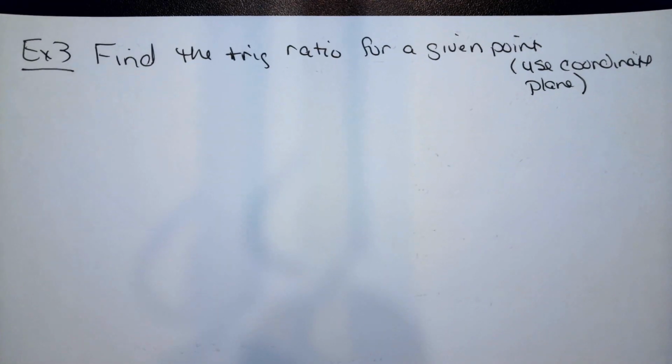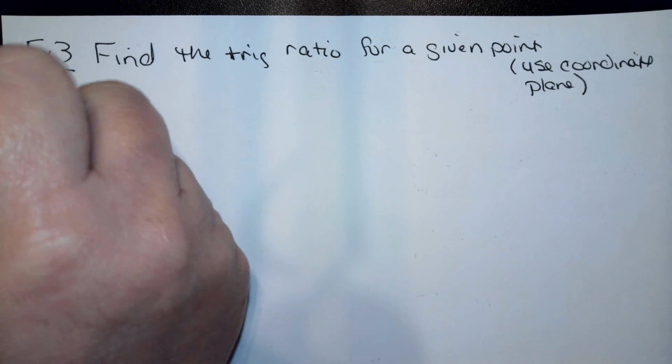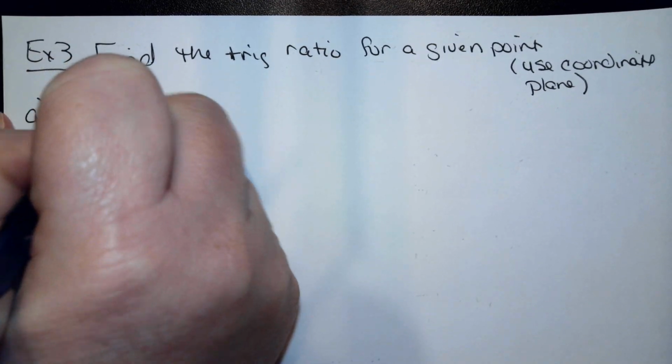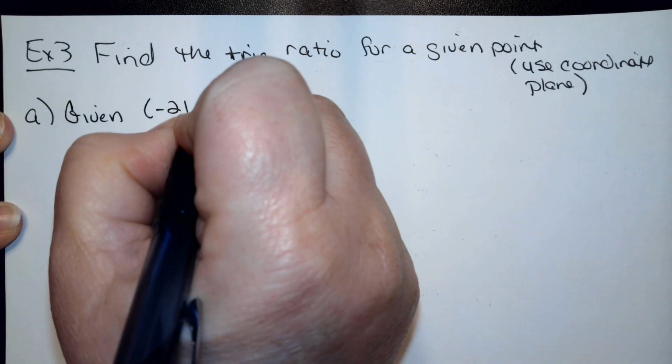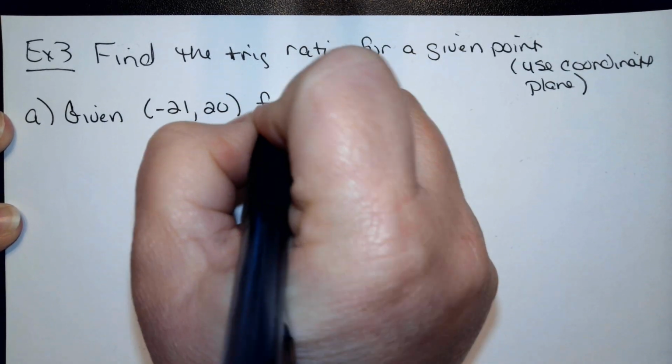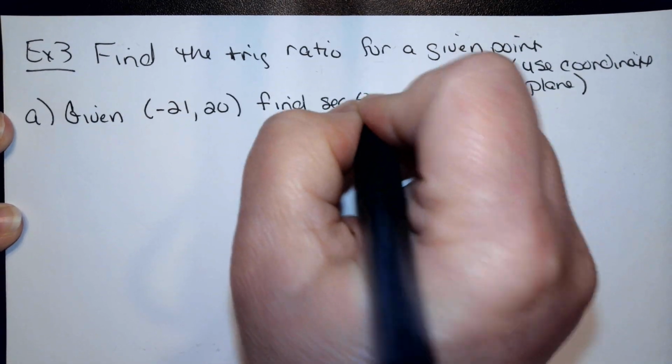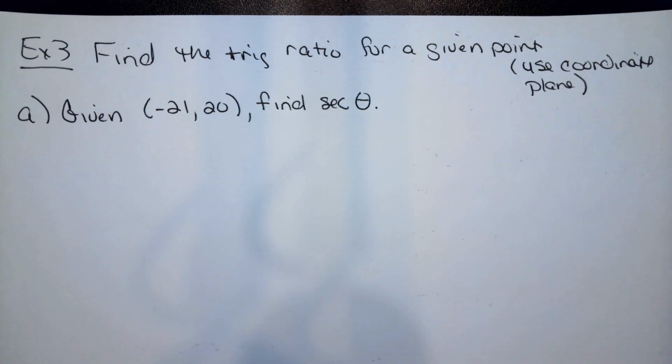All right, so for these problems, we're going to be using the coordinate plane. All right, so here we're given the point negative 21, 20, and they want us to find the secant of theta. So notice they don't give us a diagram.